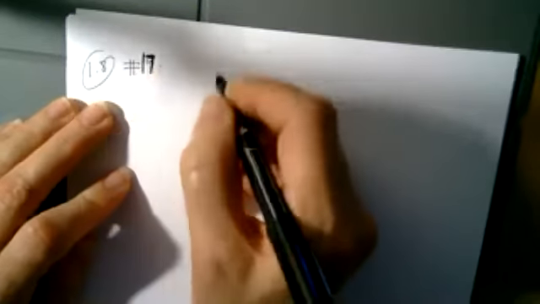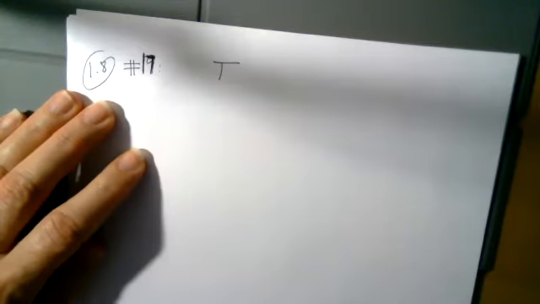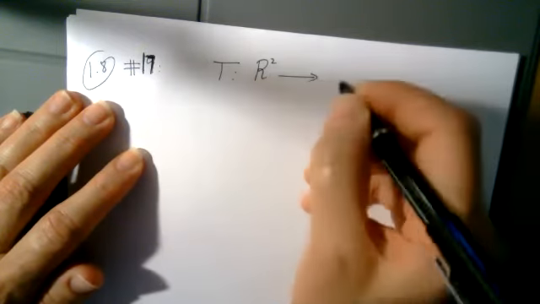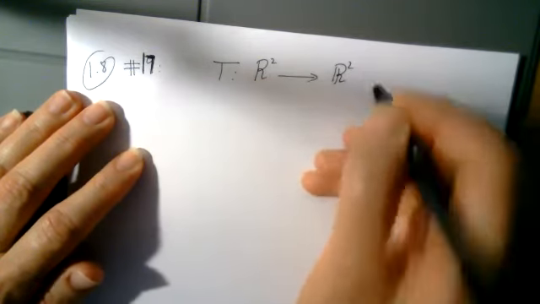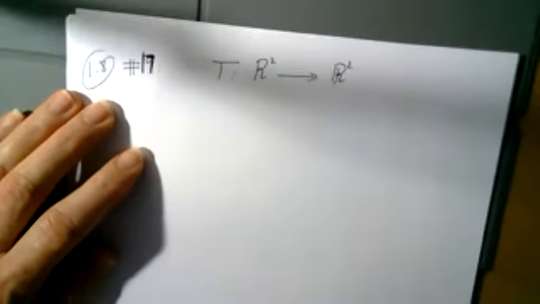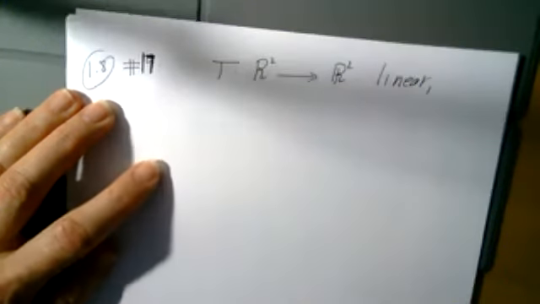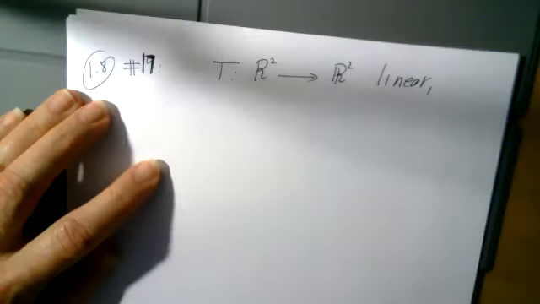So let's read 17. 17 tells me the following. You have a T from R2 to R2. And what does T do? It's linear. It means it satisfies the two properties of linearity. And T does the following. It maps U into 2, 1. How do we read this?